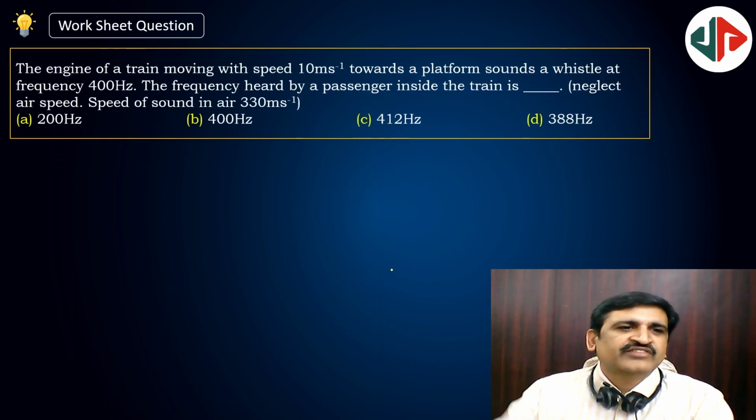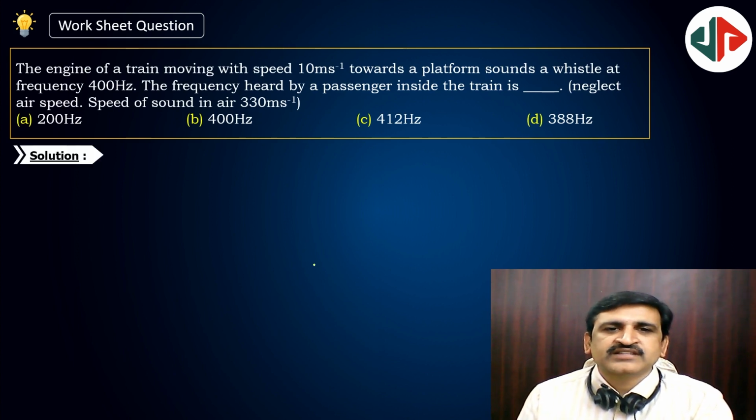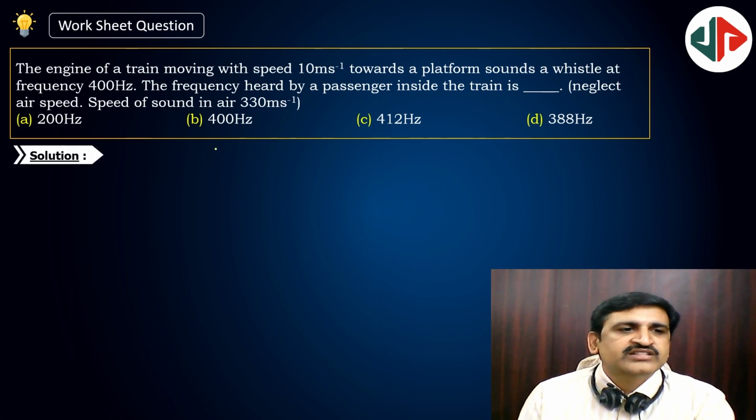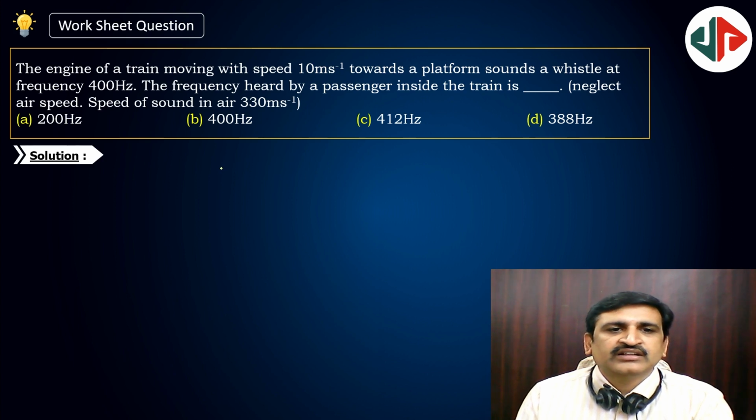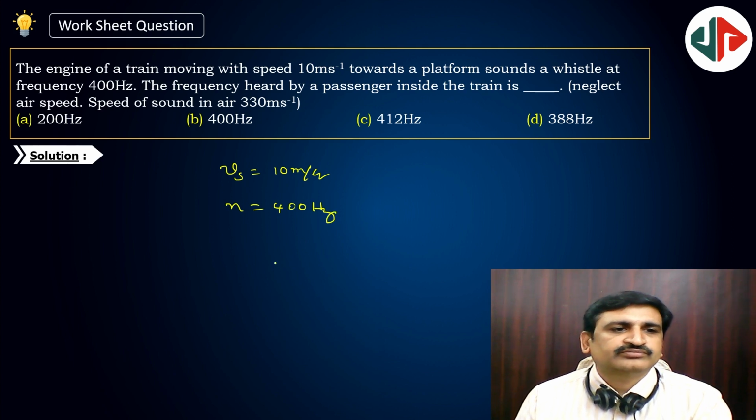An engine of a train moving with a speed Vs equal to 10 meters per second towards a platform sounds a whistle at frequency n equal to 400 hertz. The frequency heard by the passenger inside the train is.